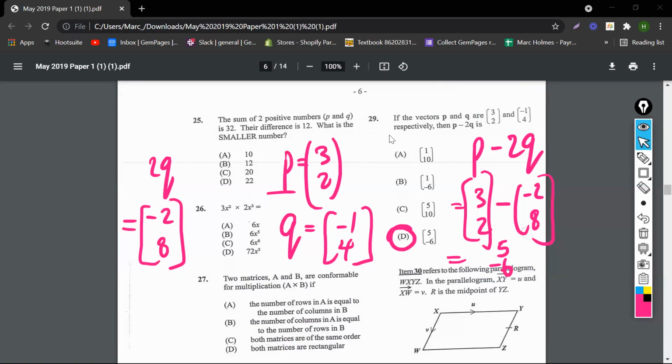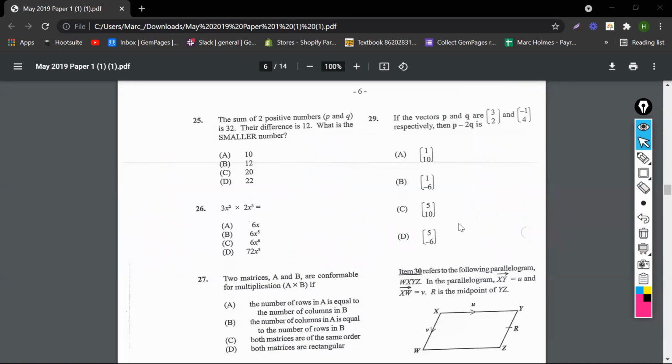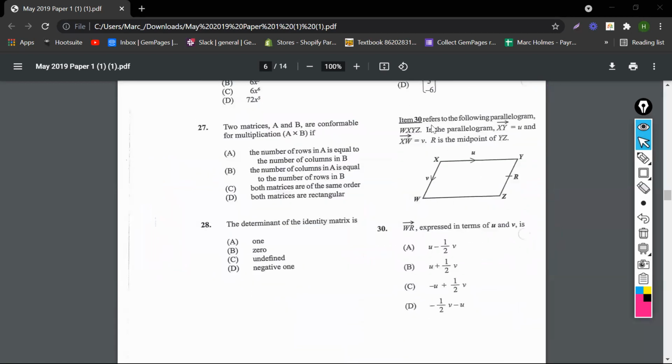All right, so let's move on to this one now. It says item 30 refers to the following parallelogram WXYZ.